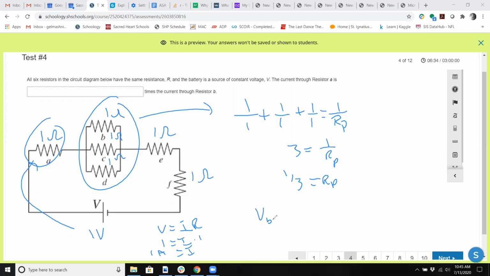So voltage of BCD is the current of BCD times its resistance, that resistance is 1/3. So the current that passes through, actually, hold on a sec here.